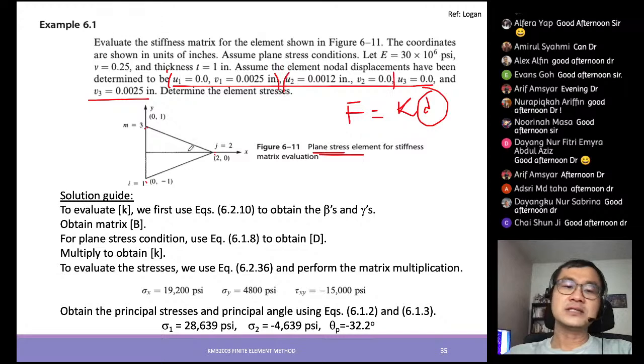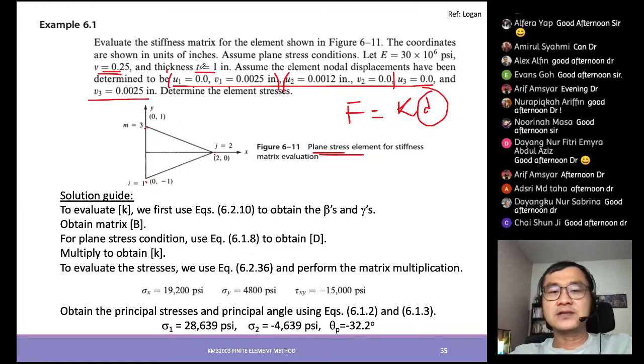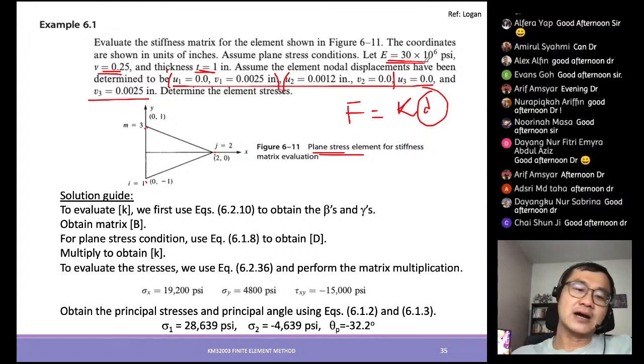So what we need is just to apply it according to the proper equations, right? The Poisson ratio is given, the thickness is given, the Young modulus is given, okay? So you have sufficient information to start with the calculations, right?